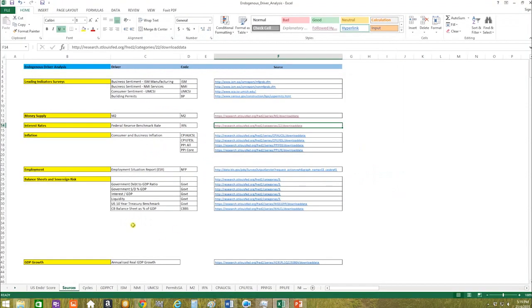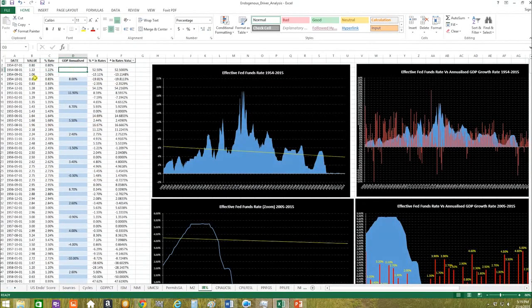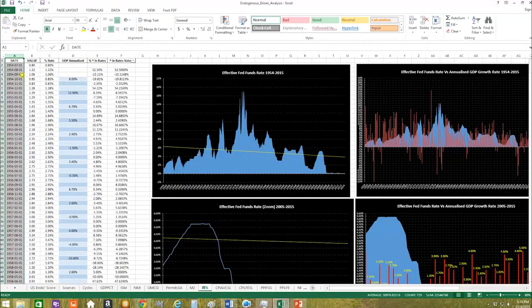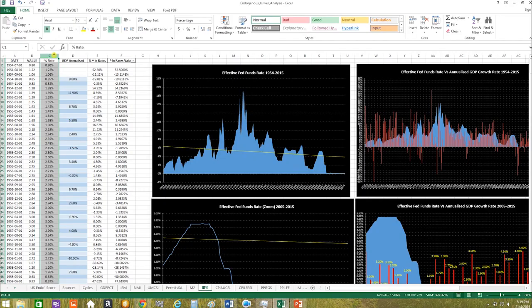And if you go back to the spreadsheet, we go into the interest rate tab, and we have a number of columns. The first one we have is the date, and this goes up in months. The second one is we have the value of interest rates, so the actual level that interest rates are set at, and then we have them expressed in percentage terms.